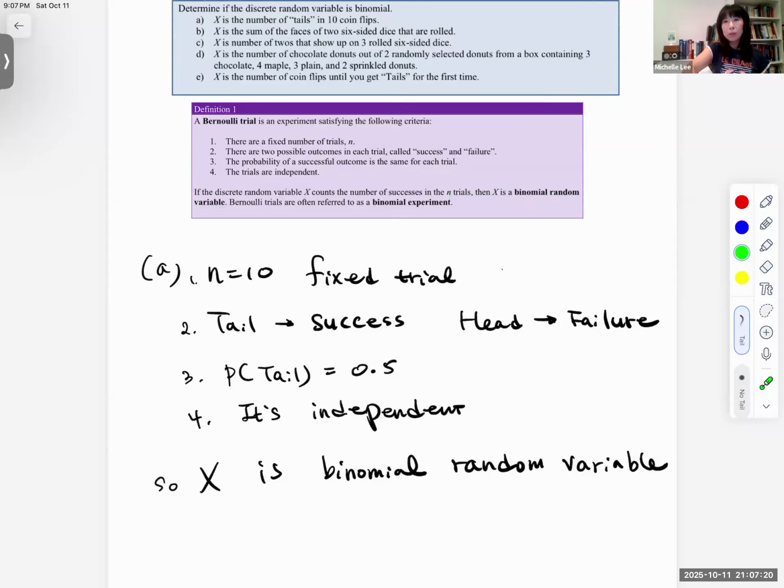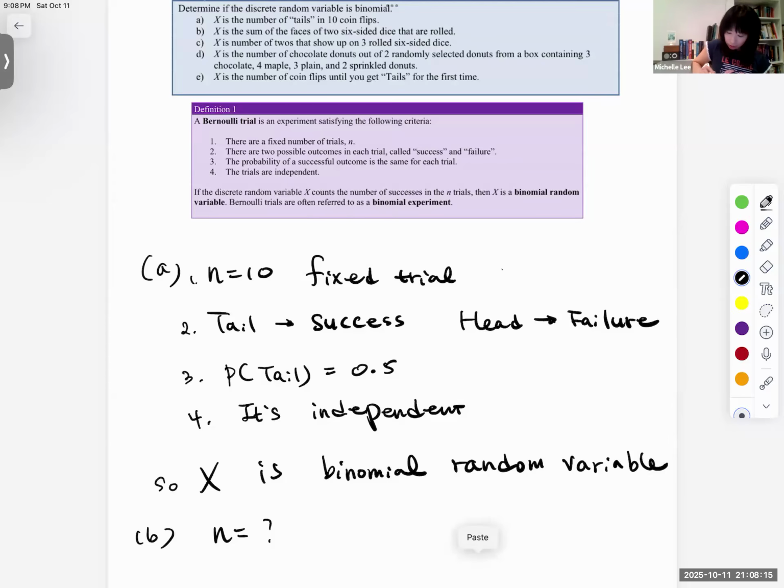Okay, let's take a look at the second one. X is the sum of the faces of 2 six-sided dice that are rolled. Okay, then let's check that. Fixed number of trials first. N equal to how much? We don't have that, right? There is no fixed number of trials because they don't say that, unlike the first one, right?